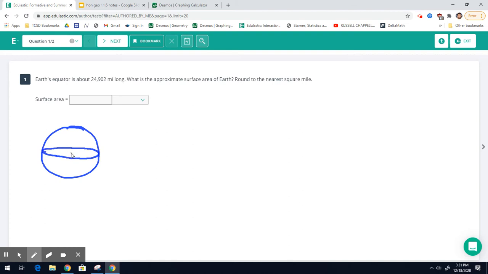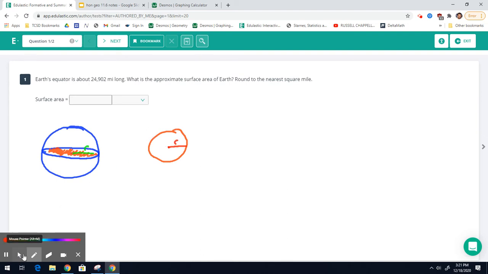So this circle could be thought of as a cross section. If we bring it into 2D, it would look something like this. And the radius of the Earth would be the same as the radius of this circle, of the equator, thought of as 2D.